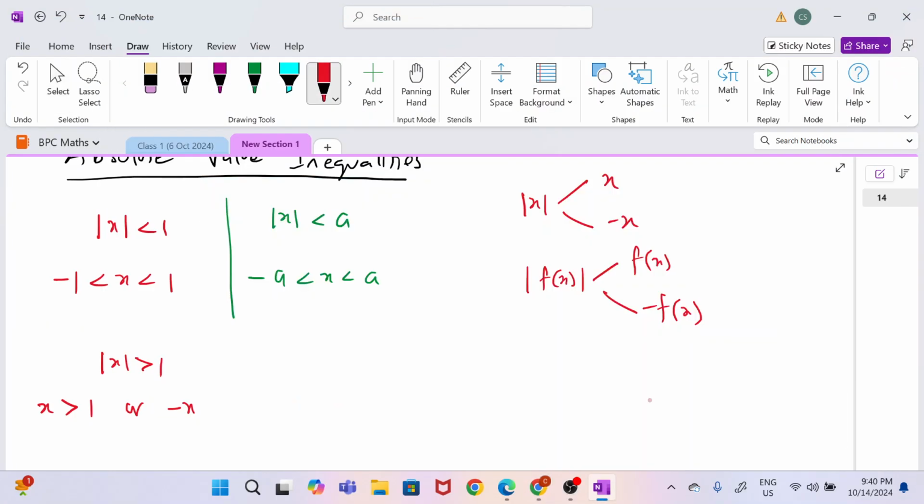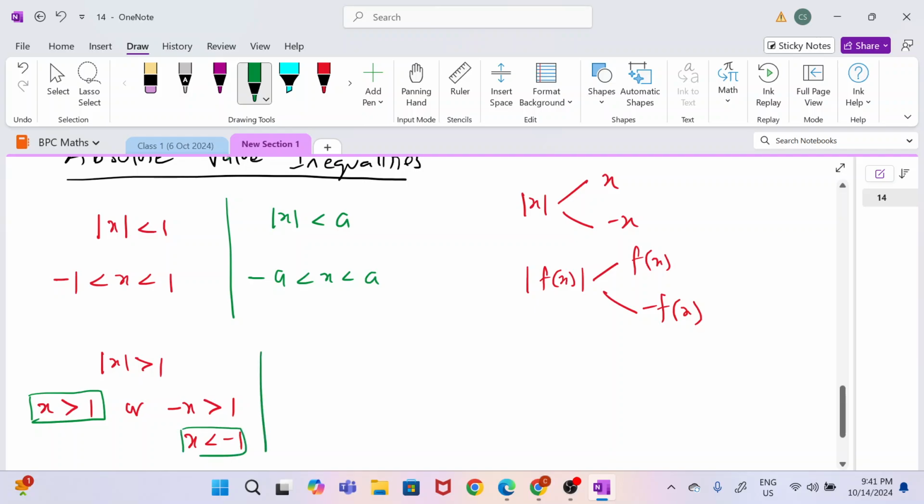So here x is greater than 1, another one is negative x greater than 1, but I don't want the negative there, so I switch the direction. This one becomes x less than negative 1. So we focus on this one.